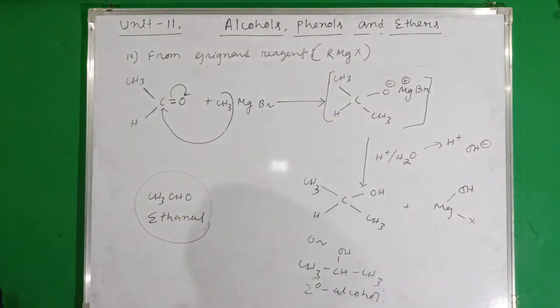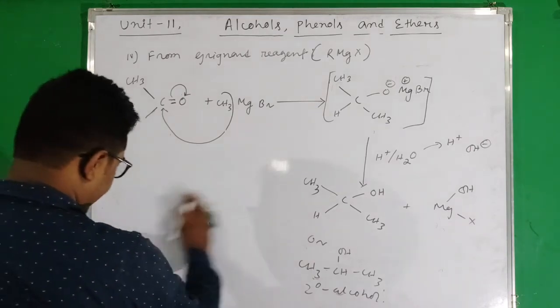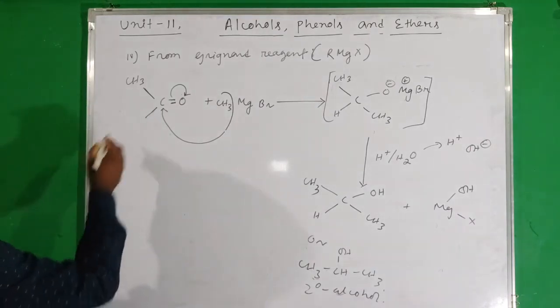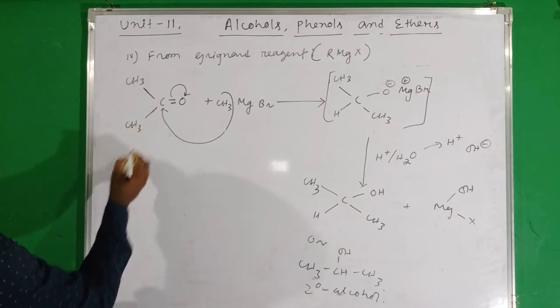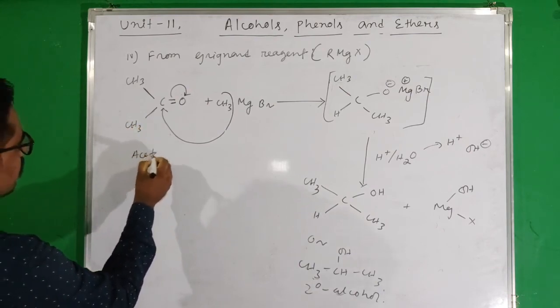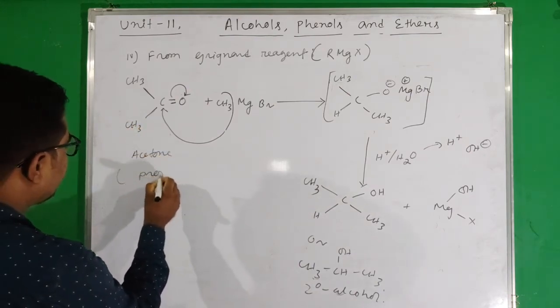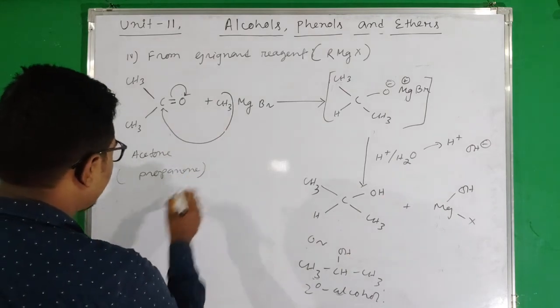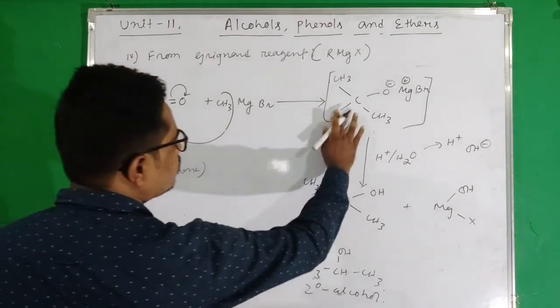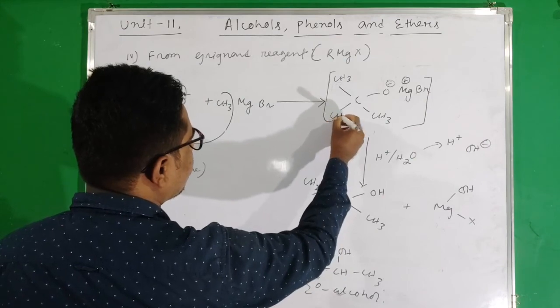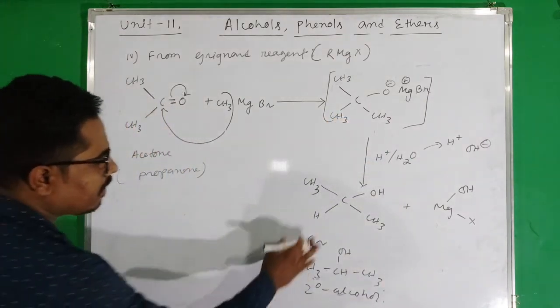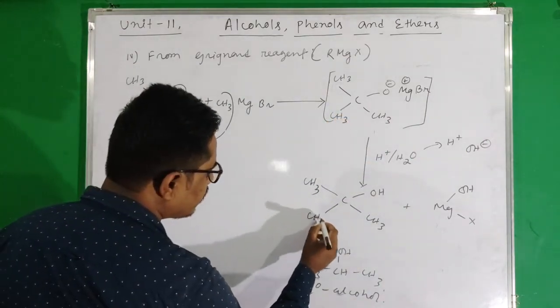Okay, and if we take a ketone, suppose we are taking acetone, this one is acetone, or propanone. Okay, and we have to put a CH3 group in this position, again a CH3 group in this position.